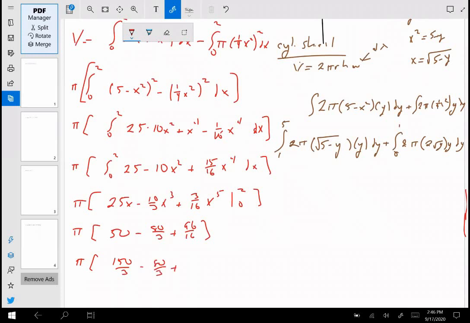Let's see, 96 and 16, that'll divide into that. 6 times, yeah, so that's 6. So that's 18 over 3. These are my common denominators. So let's see, maybe 88 over 3. So 88 pi over 3.